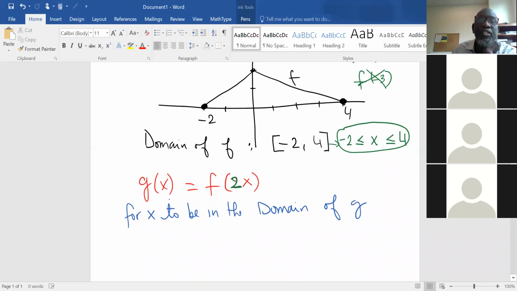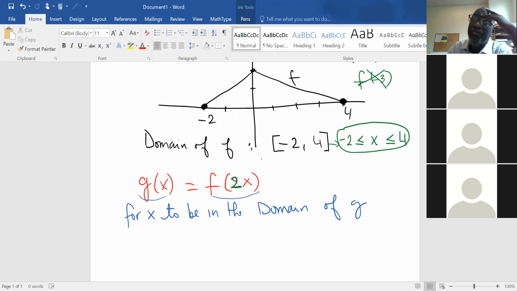But tell me, for f of 2x to exist, 2x should be between what numbers?